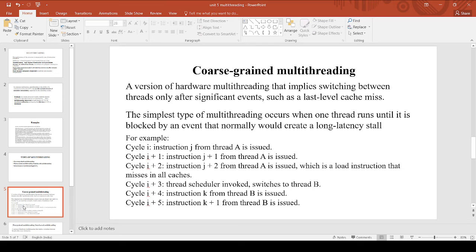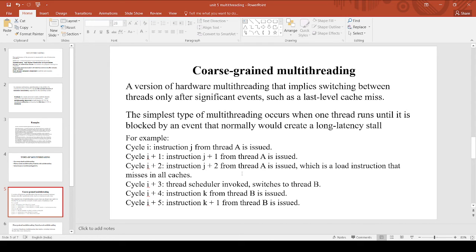For example, consider two independent threads named thread A and thread B. Suppose instructions from thread A are executed in clock cycle I, I plus 1, and I plus 2. In clock cycle I plus 2, we are executing a load instruction from thread A. This load instruction will consume some time, so the processor will be in an idle or stall condition.